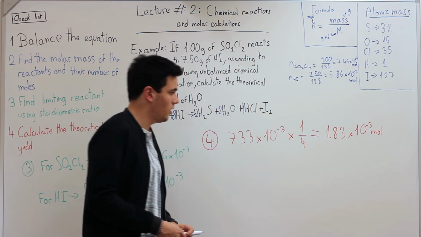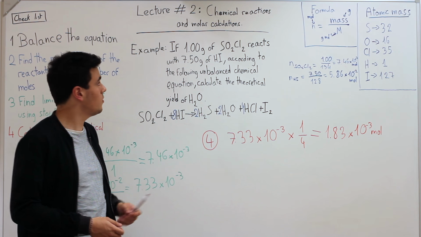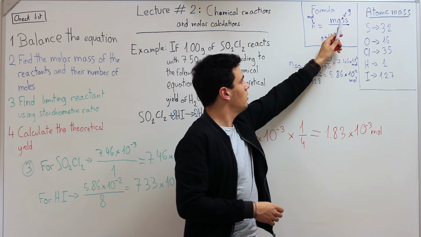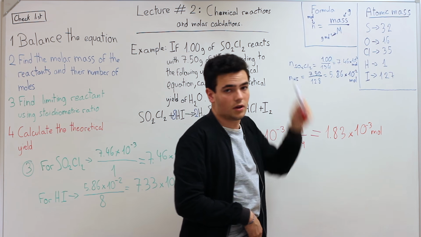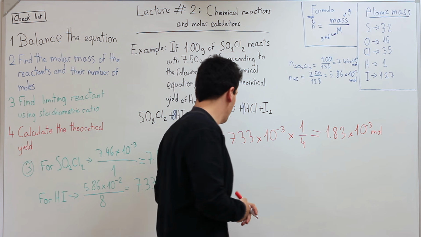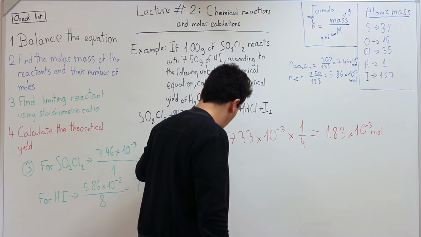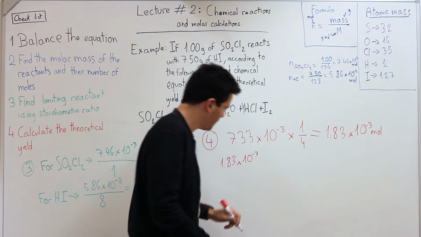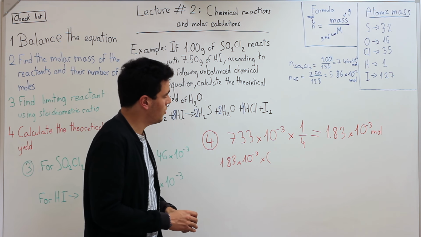And if the exercise asks you to, you can also convert it to grams by reverting that formula, and therefore doing this times the molar mass, which gives you the number of grams. So if we want to obtain that, we're going to do 1.83 times 10 to the power of minus 3 times now the molar mass of water.